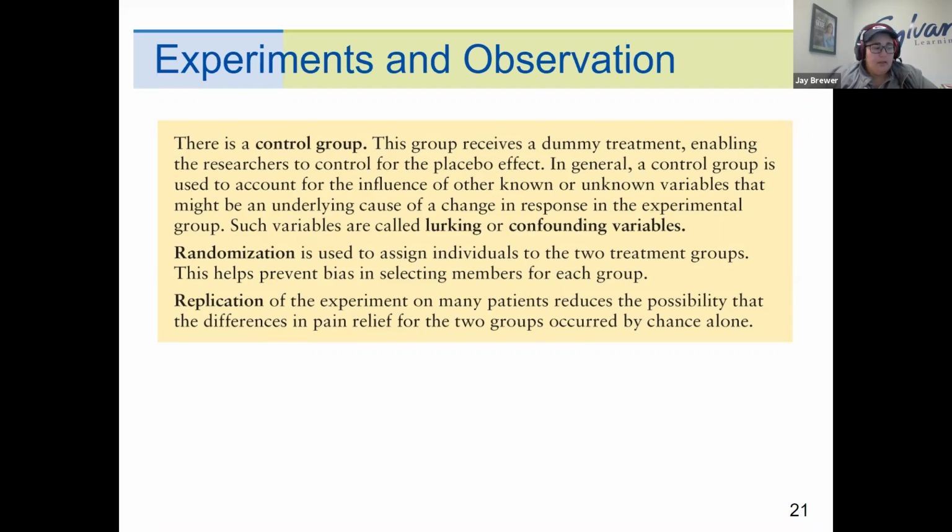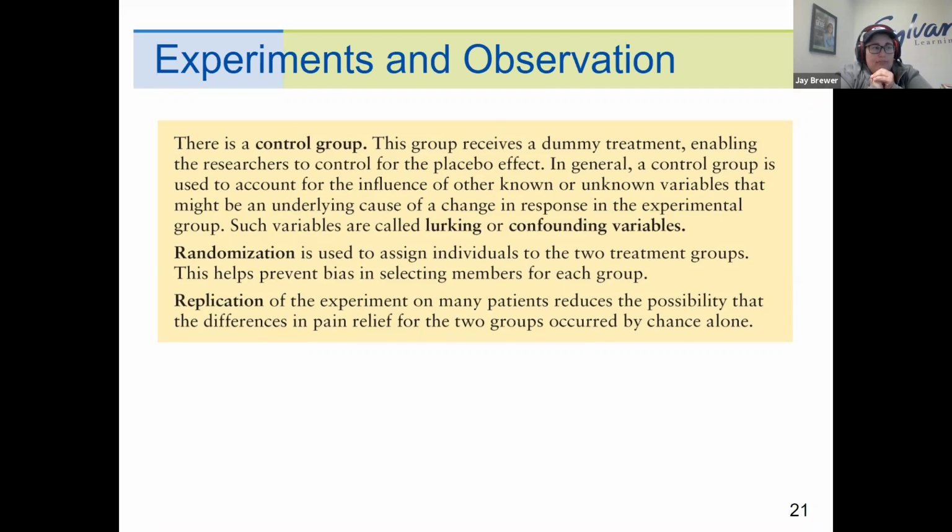If you're going to go into research in any field, something you want to keep in mind is that we care about something called validity.